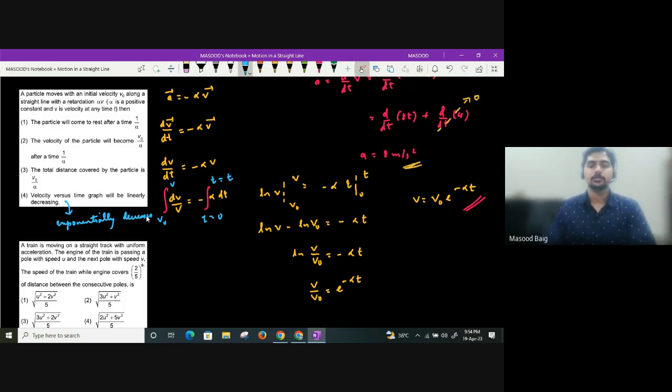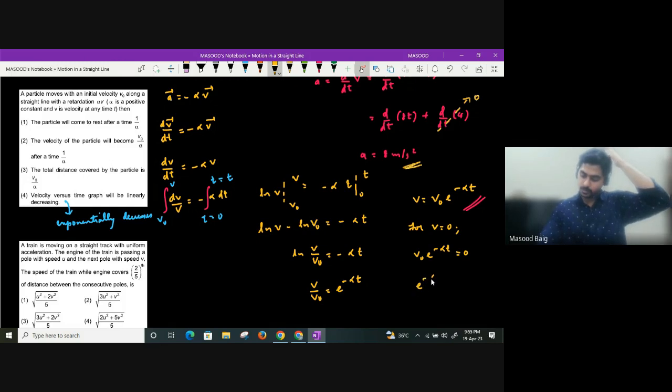The particle will come to rest after a time 1 by alpha. The v value should become 0, which means e power minus alpha t should become 0. So for v to become 0, I can write v naught e power minus alpha t should be equal to 0. Yes or no, everyone?